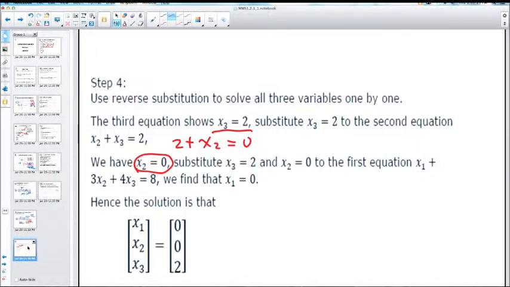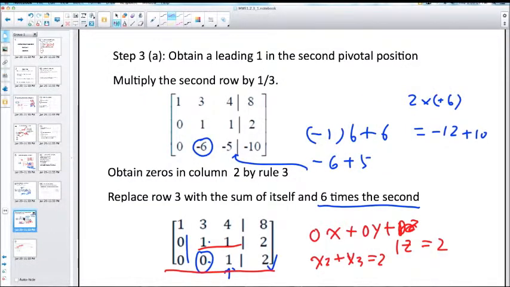Once you get x2 equals 0, you can plug back into the first equation. The first equation means x1 plus 3x2 plus 4x3 equals 8.